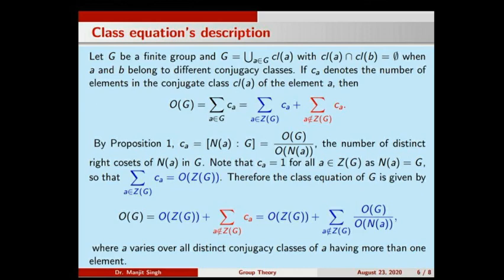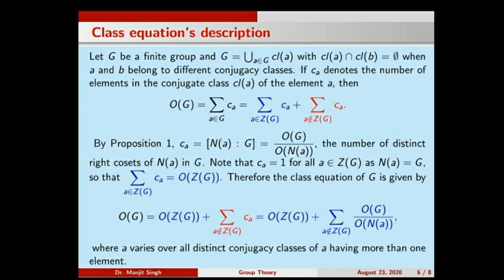So for every element of the center, the class of A contributes 1. It means that here, in the summation with blue color, you can see that this contributes all elements of the center. So every element of the center contributes 1.